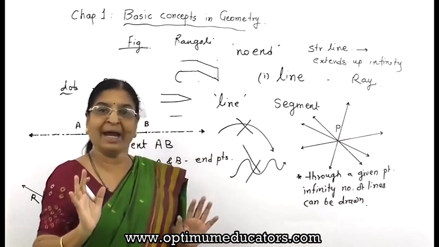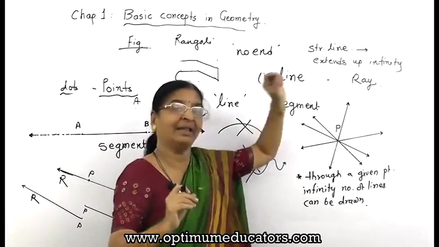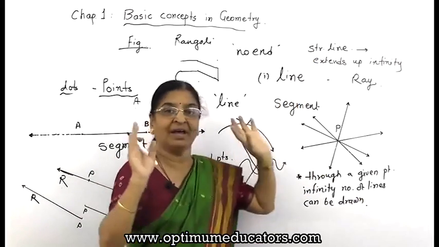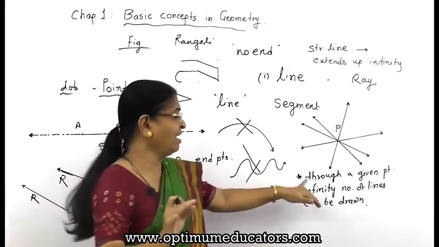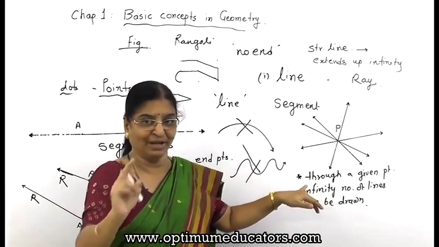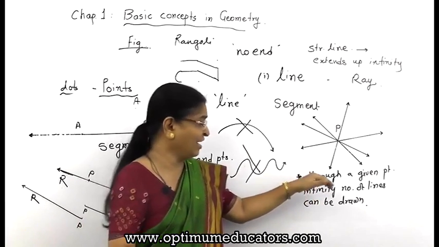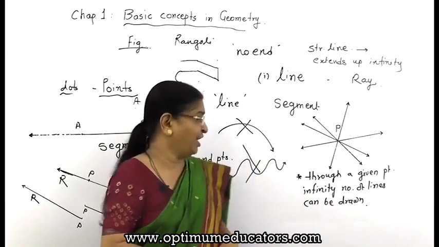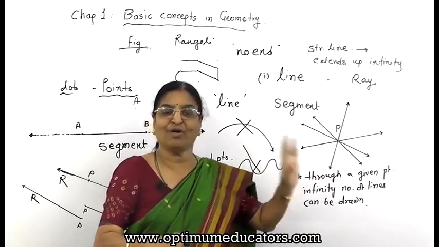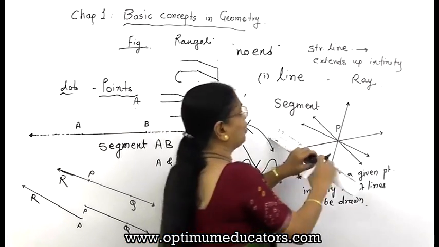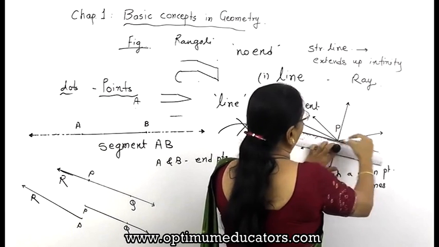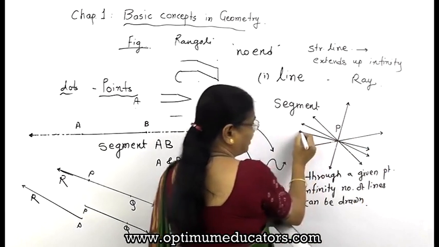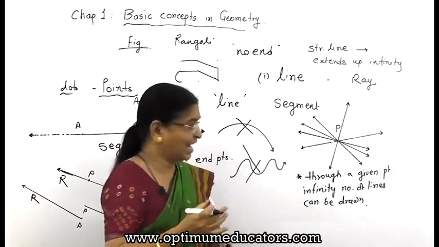So, you have an idea about a line, that is a straight line extended at both ends. No end is there, and one particular speciality of these lines is that through one point an infinite number of lines can be drawn. And so, I will make a design by passing so many lines through it. See here, so many lines I can draw.